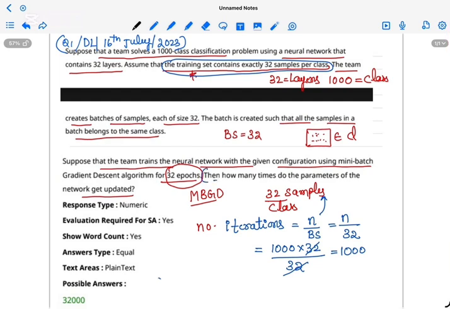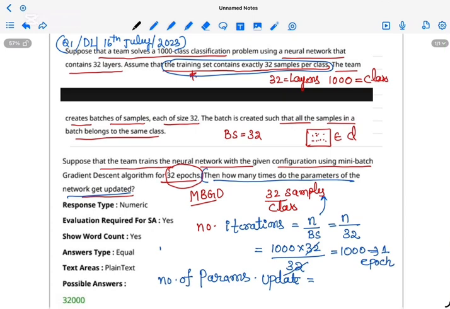They are asking in the question how many times the parameters of the network get updated. So the number of parameter updates equals 1000 for each epoch.